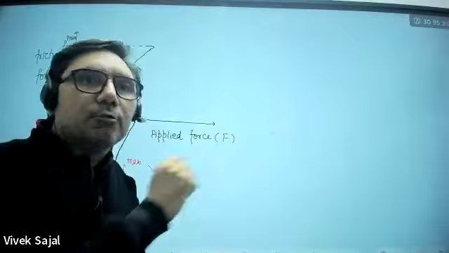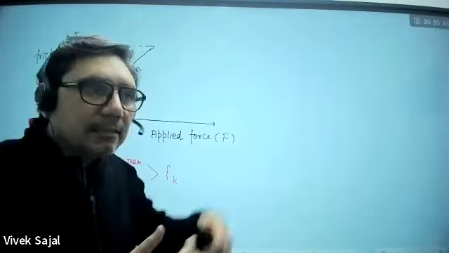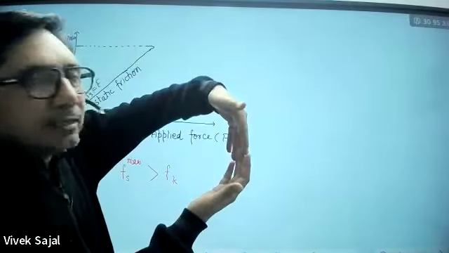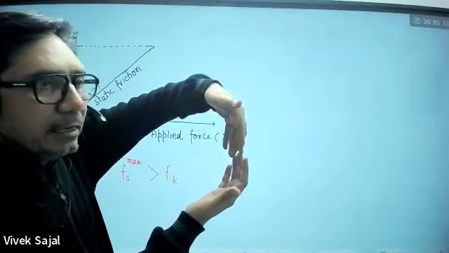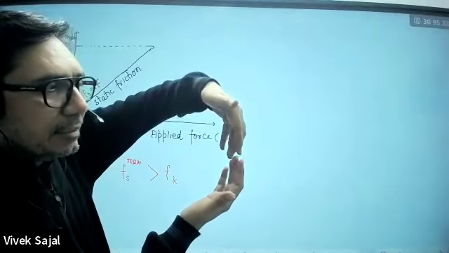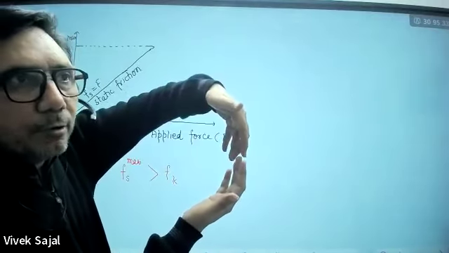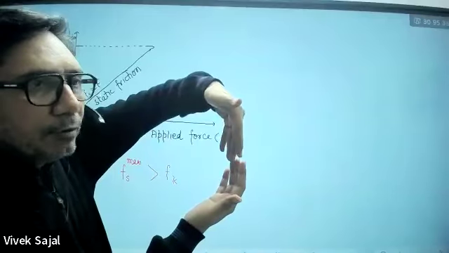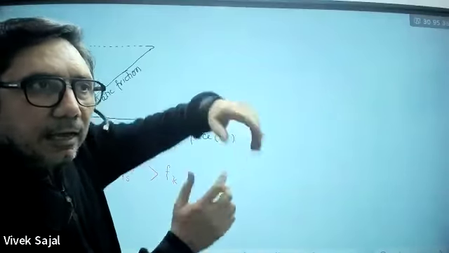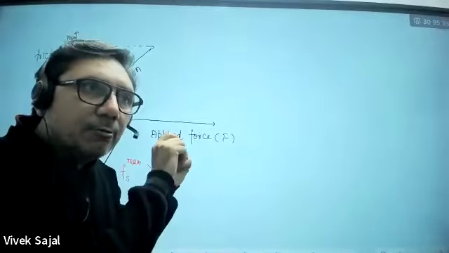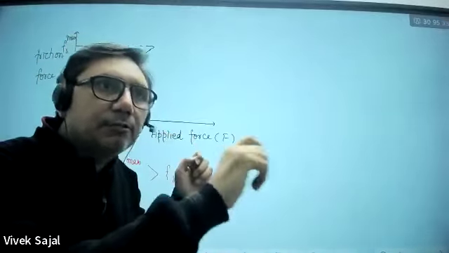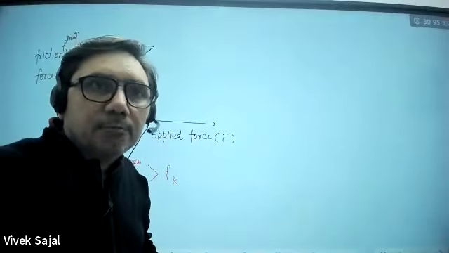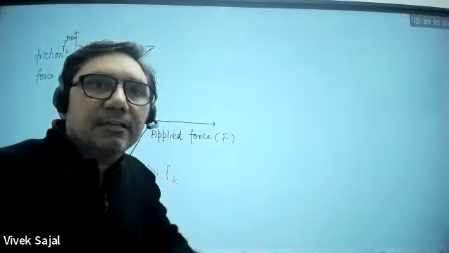But when the block is moving, interlocking is not complete. Interlocking is taking place, but at the same time the block in its motion overcomes this interlocking. And due to inertia also, because the block is in motion, it wants to maintain its state of motion.